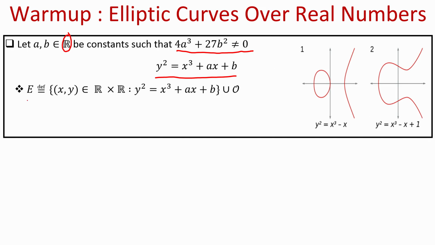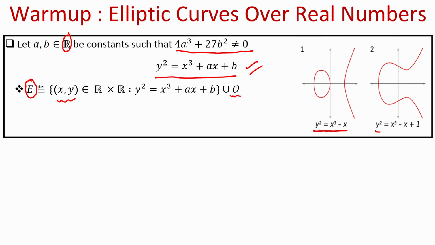If I plot the x comma y values satisfying this equation, take all those x comma y pairs which are real numbers satisfying it, and along with that take a special point which I denote as O, then the resultant set I call E. For instance, if I take the curve y square equal to x cube minus x and plot all the real x comma y satisfying this equation, then I obtain this curve.